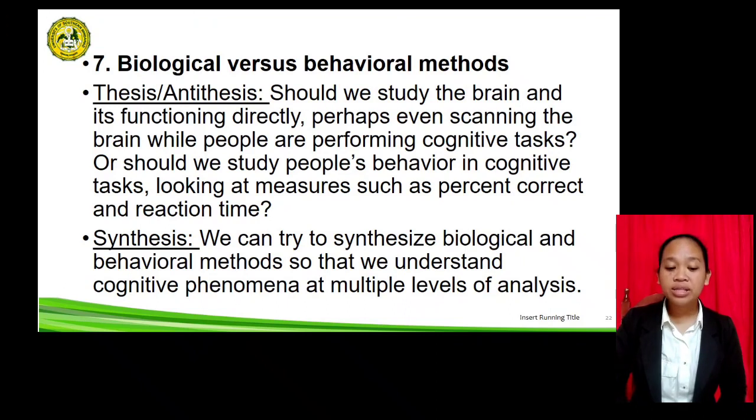Should we study the brain and its functioning directly, perhaps even scanning the brain while people are performing cognitive tasks? Or should we study people's behavior in cognitive tasks, looking at measures such as percent correct and reaction time? So, synthesis. We can try to synthesize biological and behavioral methods so that we understand cognitive phenomena at multiple levels of analysis.